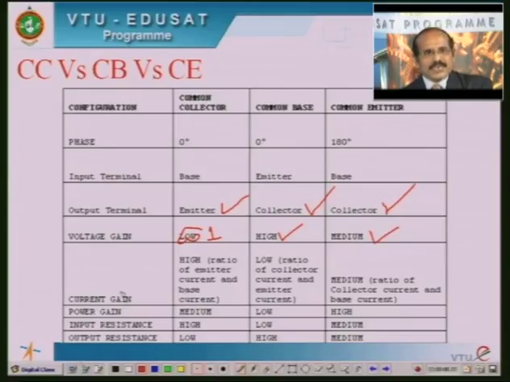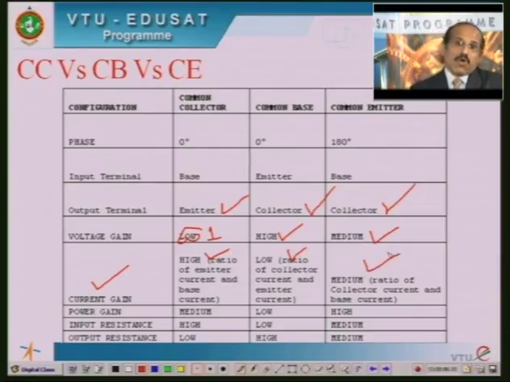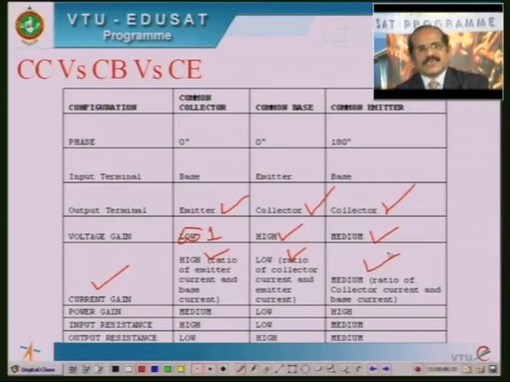As far as current gain is concerned, it is very high in common collector, very low in common base, whereas common emitter has moderate or medium gain, in between the common collector and common base.